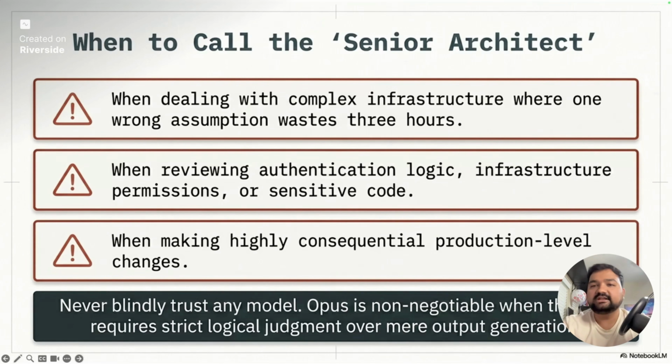And this is where the senior architect model matters, because some tasks are not about generating more output, they are about judgment. They are about avoiding mistakes and reasoning through the task. This is why the premium model still has a place. So the message is not that GLM replaces Opus. The message is, do not use Opus for everything, use GLM for volume, and use Opus when judgment actually matters. This is how you get both speed and safety.